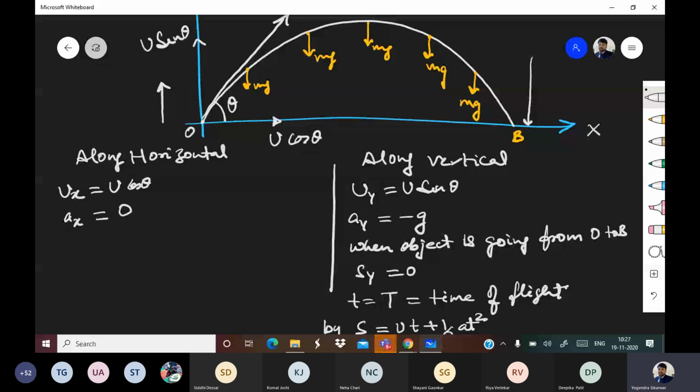Displacement will be zero, correct? Sy means displacement along Y. Let me write that also: displacement in Y direction.